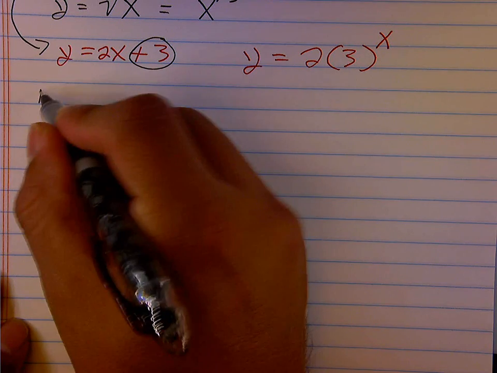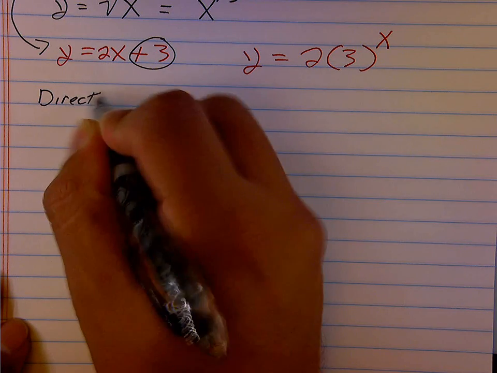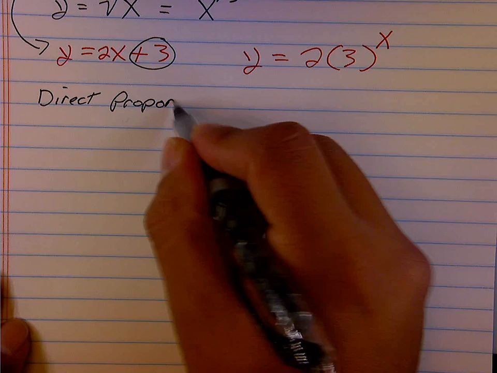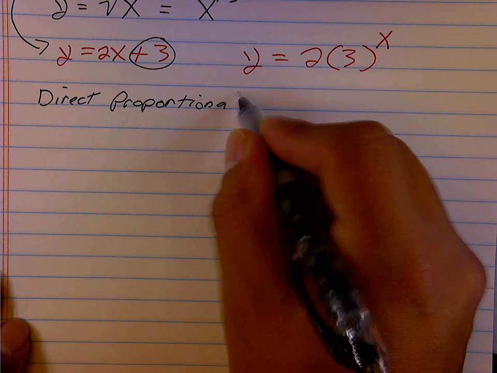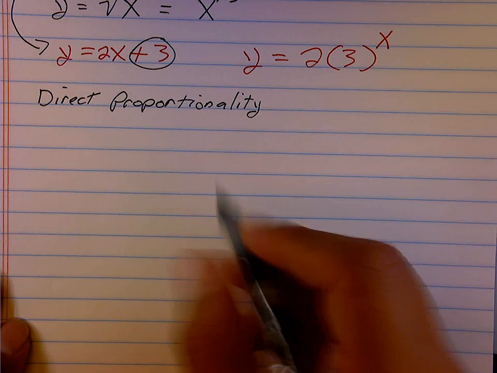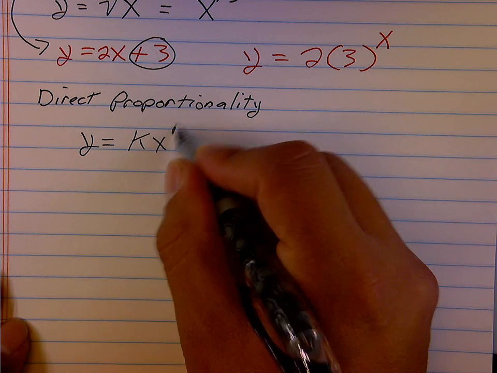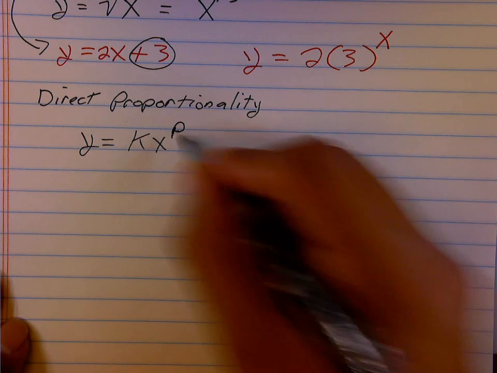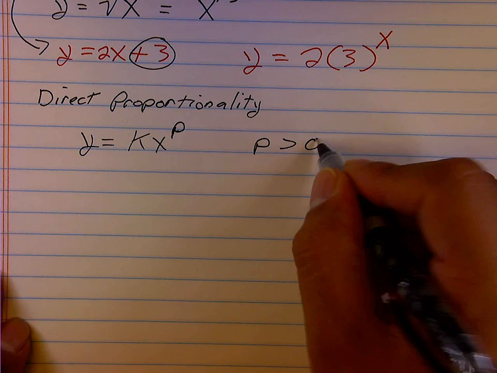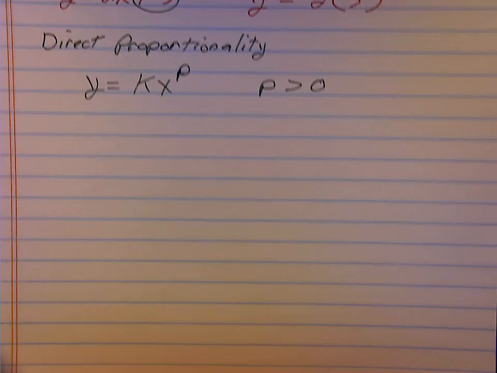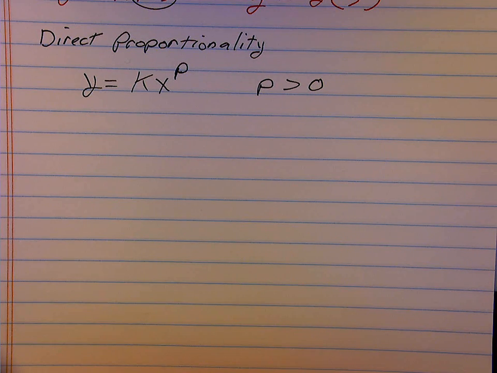When we talk about direct proportionality, that is when a power function has a positive exponent. So, any power function that has a positive exponent, we will say that it is directly proportional.